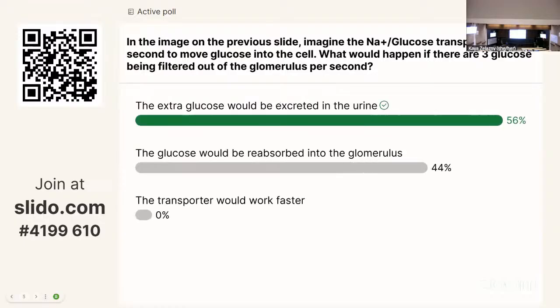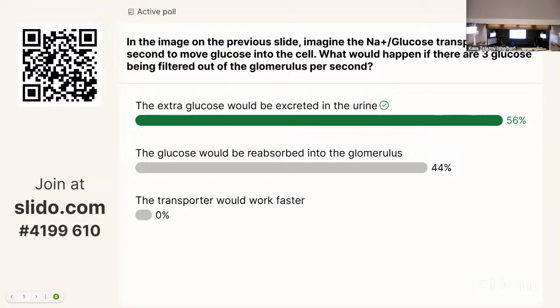Okay, so we got a split decision here, but conceptually, as we're walking through our nephron, glucose comes out of the glomerulus and moves its way into the proximal tubule. Those transporters that exist are limited in how much glucose they can move. They have a time frame like this, a maximum speed that they can work at.